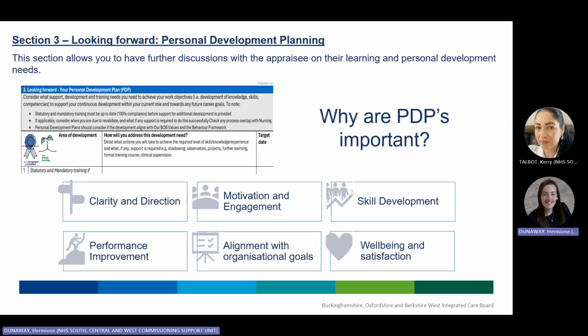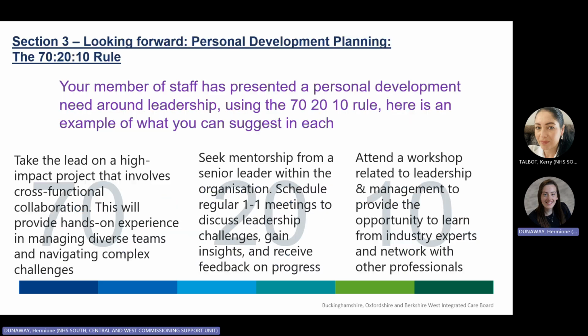So, what sort of rules or models could we look to apply within the personal development planning section? So, the 70-20-10 rule is a model for learning and development that can be used when completing personal development plans.